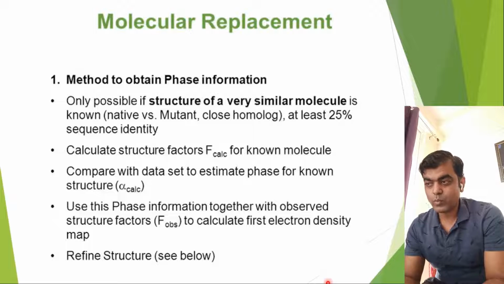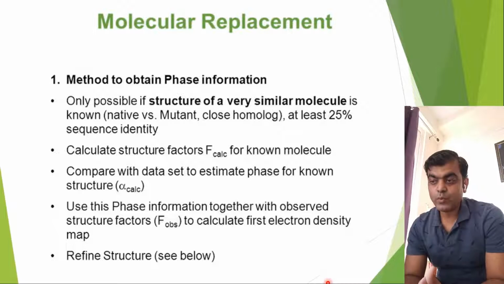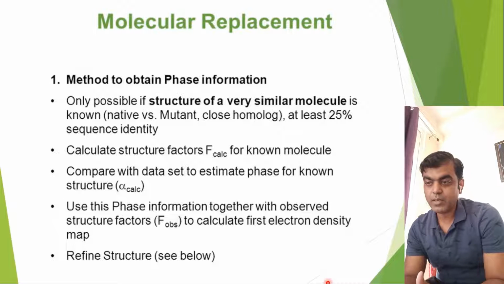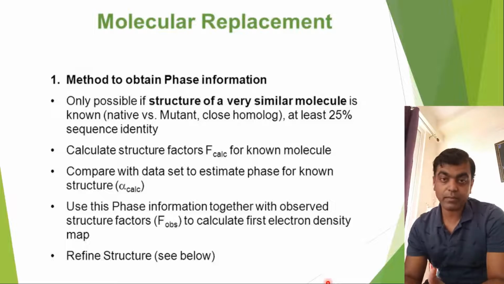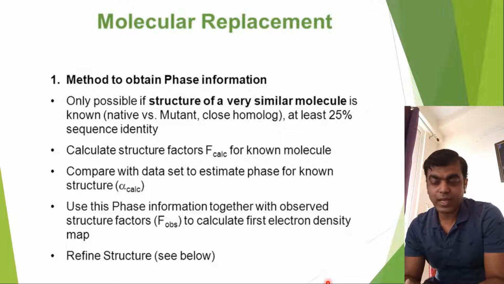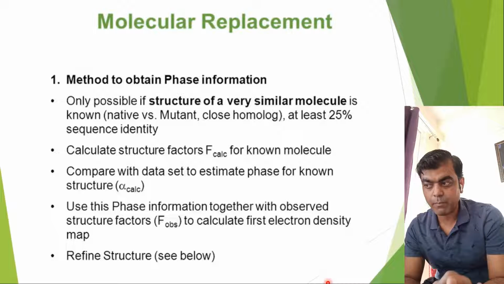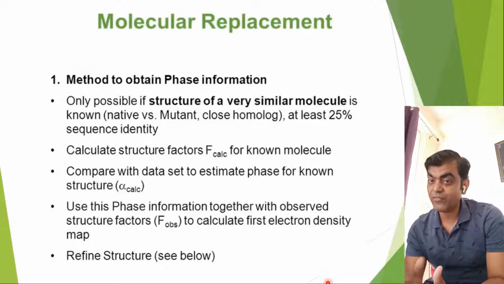So whatever protein, suppose I am talking of a protein, I will try to find a similar structure, a similar molecule, very good if it is a close homologous molecule, and it should have at least minimum 25% sequence identity, right? Now once I have found it, I'll calculate the structure factors, that is the F function, right?